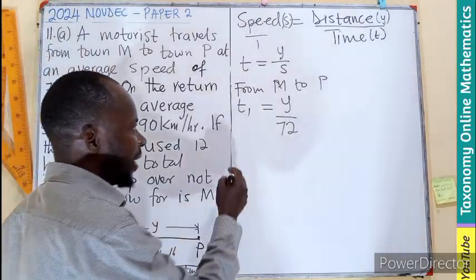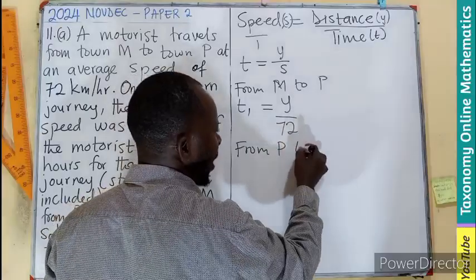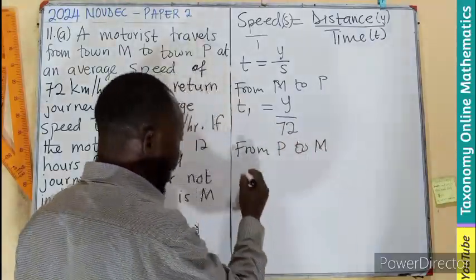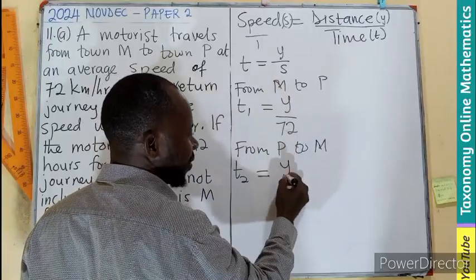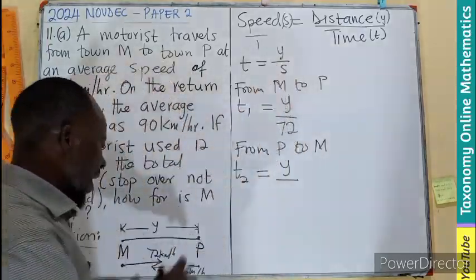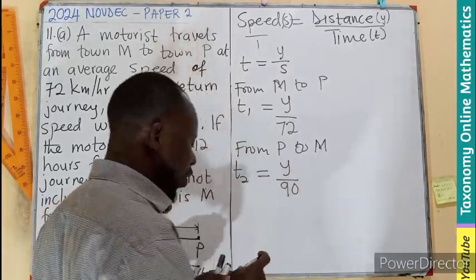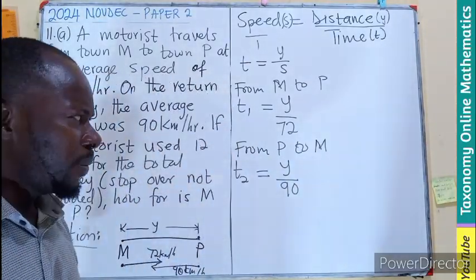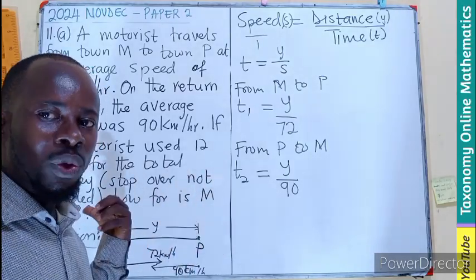All right. Then we can also say that from P back to M, the time taken, which will be time 2, will still be the distance, which is constant, divided by the speed, which we are having as 90 kilometers per hour. We can say time 1 plus time 2 is the same as the total time.